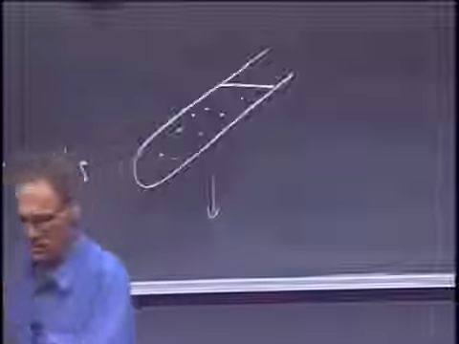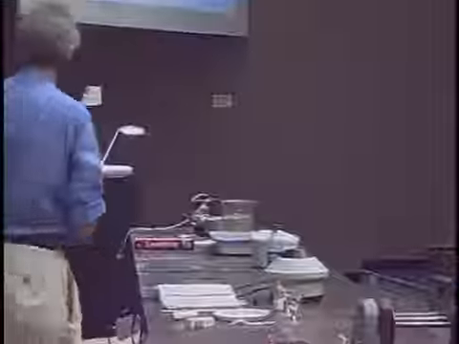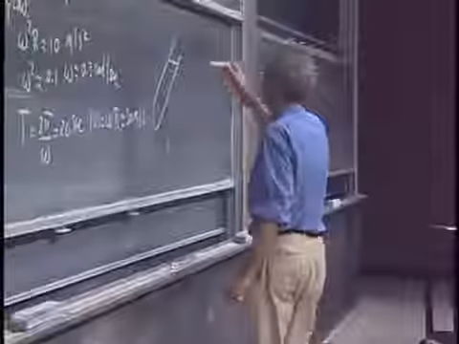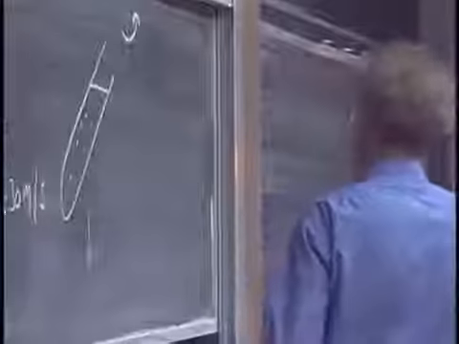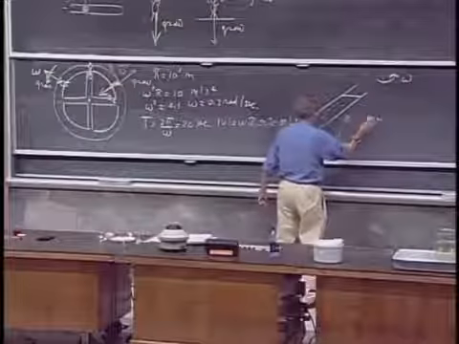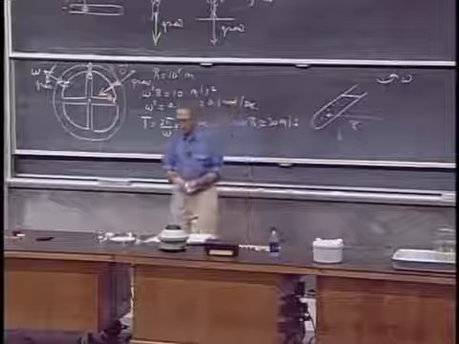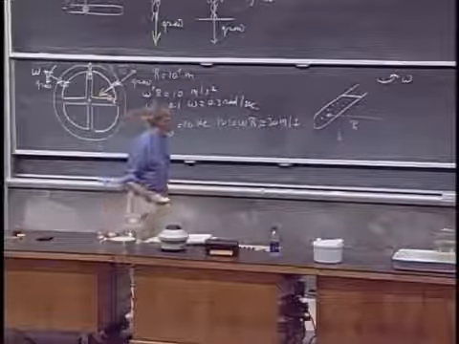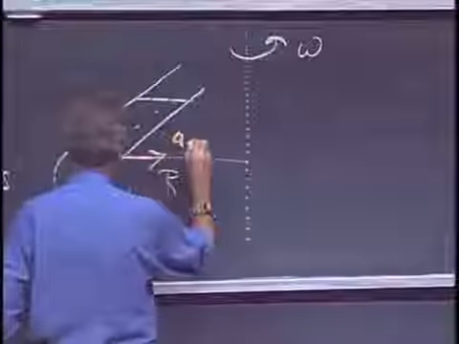You see here two glasses with water. The surface is perpendicular to gravity. Now, I'm going to rotate this about this axis, going around like this. And I'm going to rotate it with an angular velocity omega. And this is at a distance r. Therefore, there is now a centripetal acceleration in this direction.